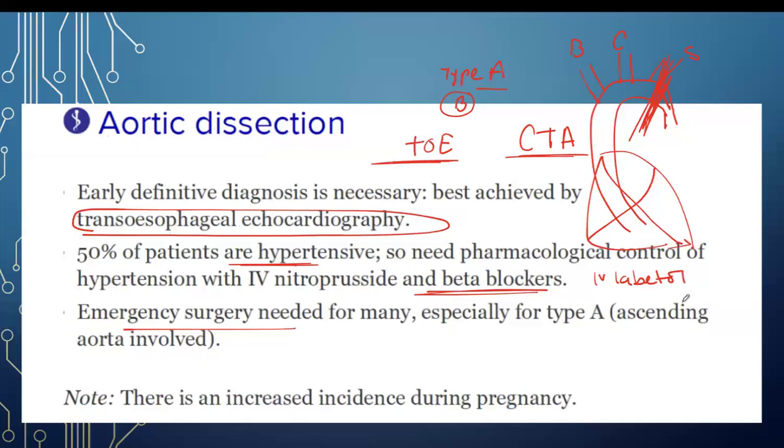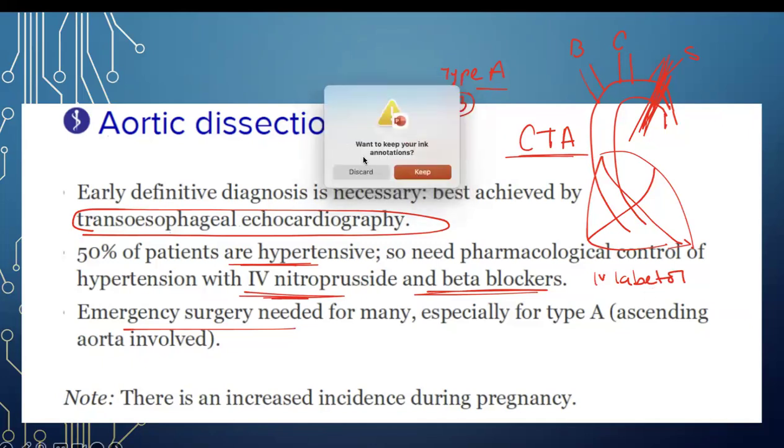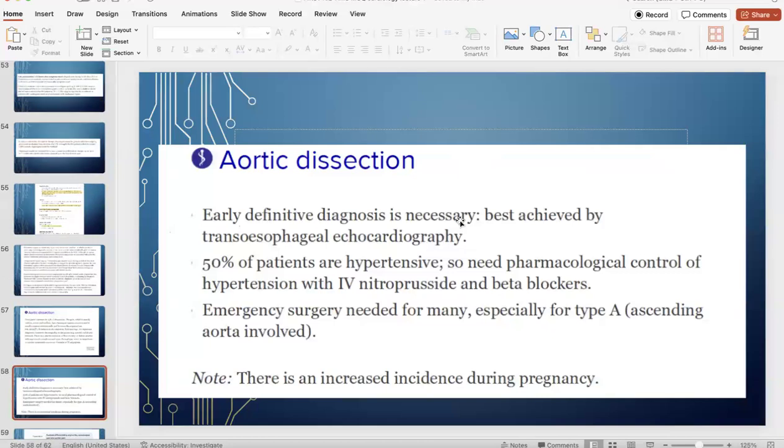That's your first line medication. Then if it's still hypertensive, you can give IV nitroprusside. After that, if you want, you can go for repair. But first line management for type B is always antihypertensive. Okay, any questions so far?